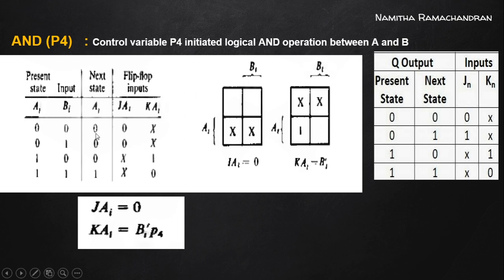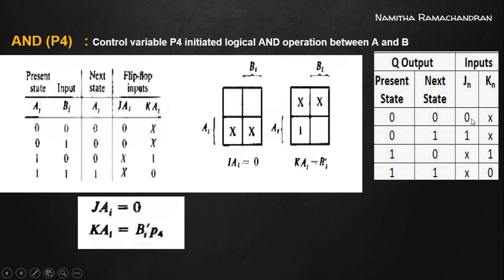Okay, now we need to consider these J and K values in order to generate these particular next state values corresponding to the given present state values. For that we need to consider this excitation table for our JK flip-flop. Consider the present state of Ai is 0 and the next state is 0.